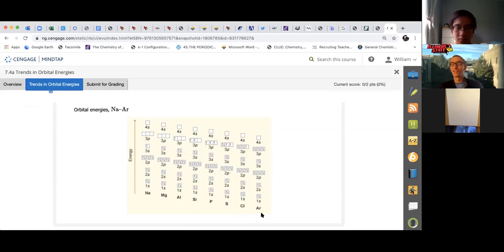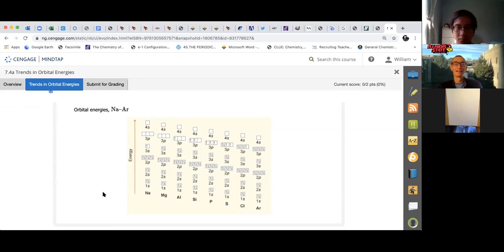Because we've seen with the photoelectron spectroscopy data that the 1s electrons of these elements, chlorine and argon, are closer to the nucleus than they are for these elements. So this is actually also showing us a little bit of atomic radii, right? And the atomic radius, or the volumetric size of the atoms.